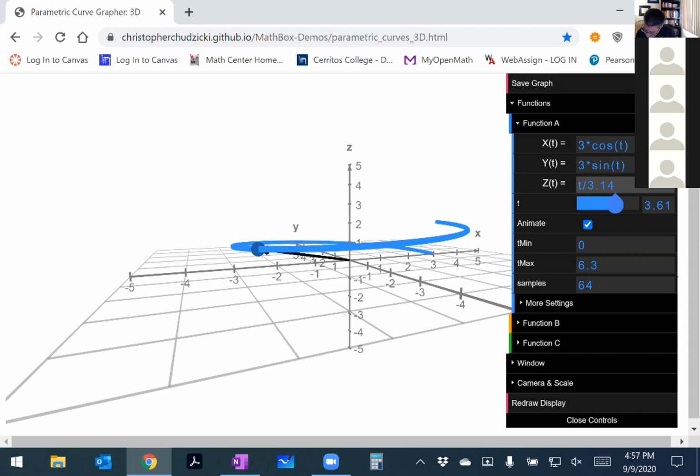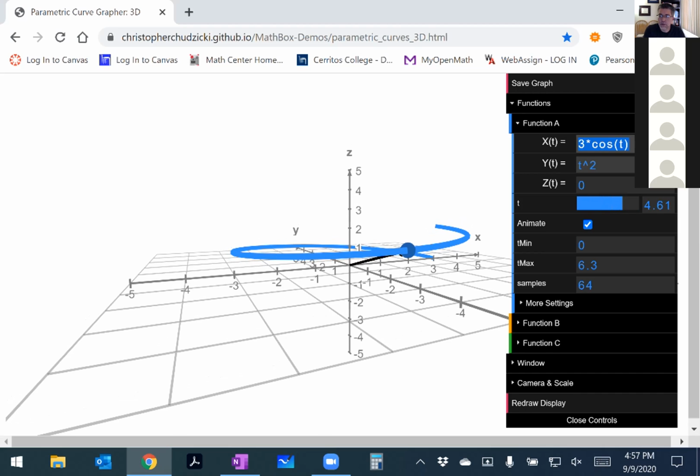There is no z. y is going to be t squared, and x is t cubed, right? Okay, let me redraw this real quick. Redraw display.